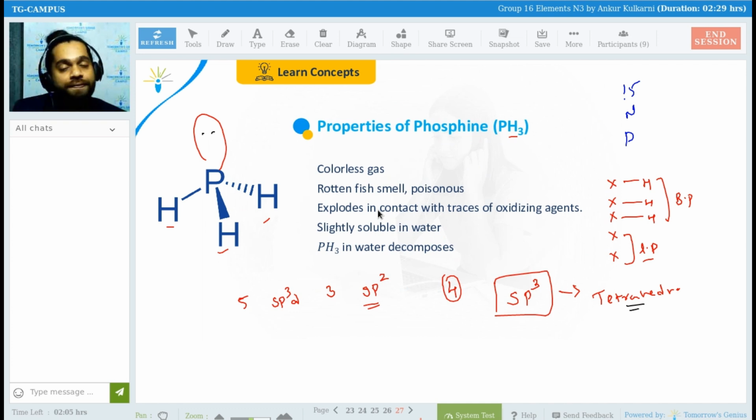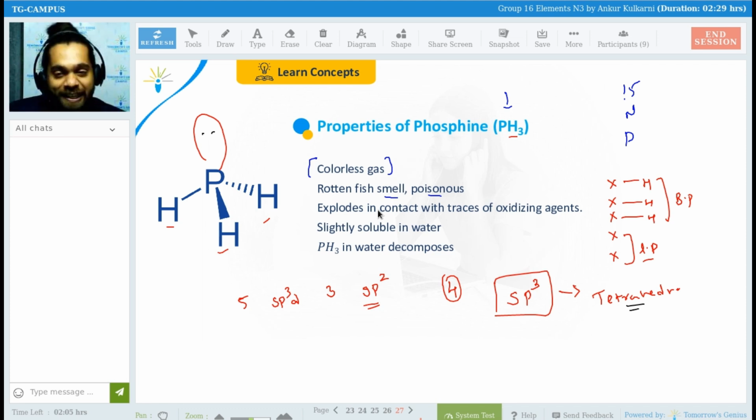Chalo. Phosphine. What is phosphine? We have studied phosphine so much. So, what exactly is phosphine? Phosphine is nothing but a colorless gas with a rotten fish smell, and it is poisonous. Imagine the smell of fish, which is already yuck, and on top of that, rotten fish.